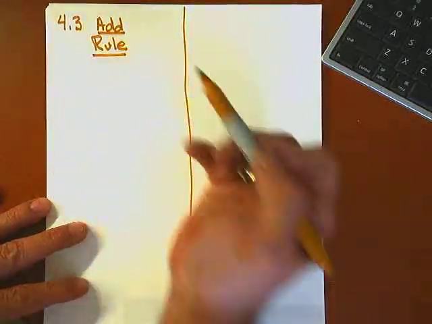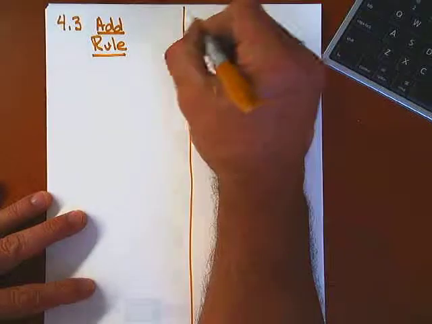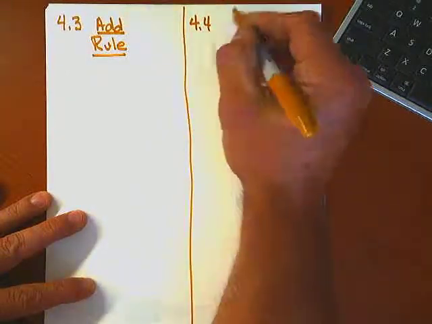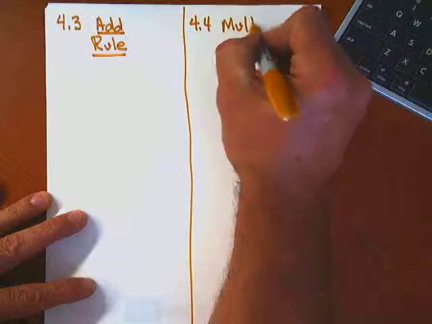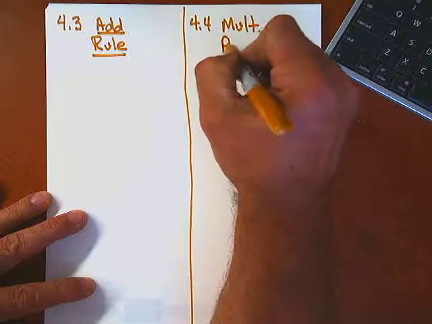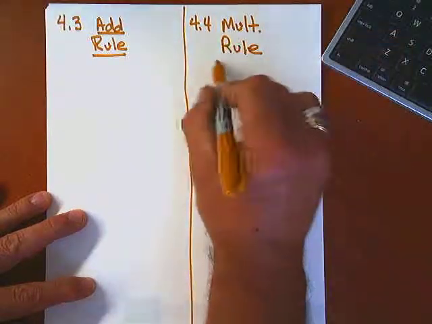It's predominantly when you add probabilities. And 4.4 is the multiplicative rule. And I'll just put multiplying property, or rule, whatever you want to call it.